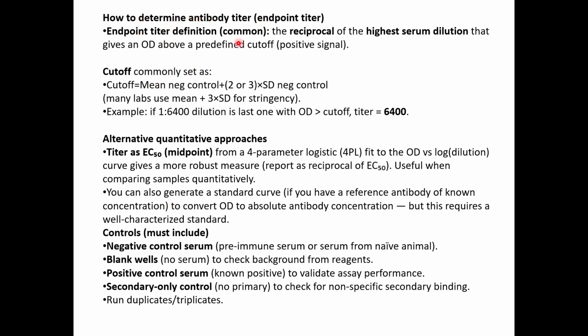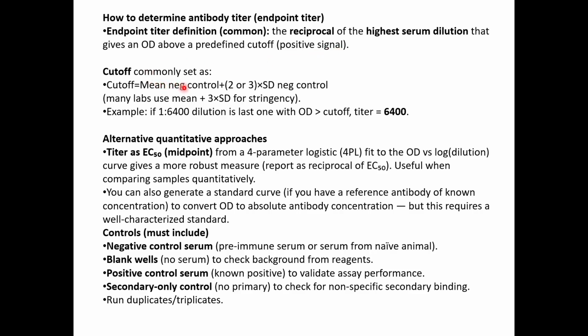So how do you determine the antibody titer? You have something called the endpoint titer. This is the reciprocal of the highest serum dilution that gives an OD above a predefined cutoff. You have a positive signal which is your predefined cutoff, and till that OD you can have your diluted sample.